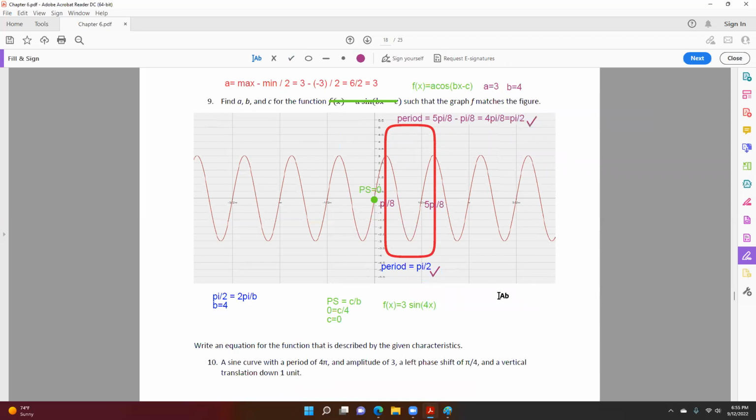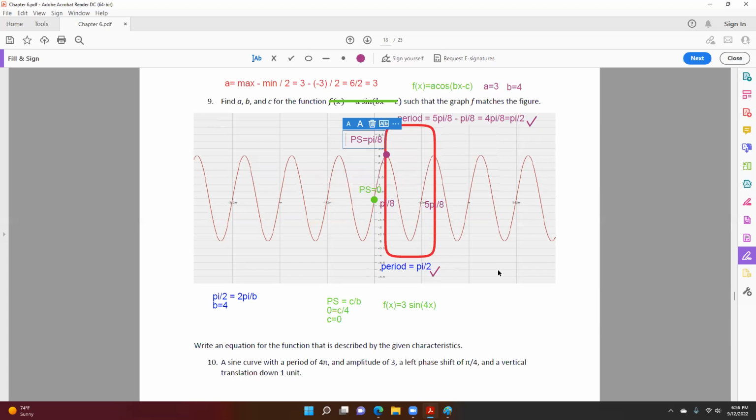And the last thing we have to figure out is the phase shift. Now, this is the special case because our phase shift in this case has been moved. It used to be at 0, 1. Now it has been moved to these coordinates, to pi over 8. So it used to be at 0, 1 or 0, 3 if you look at that, and then it moved to the right.